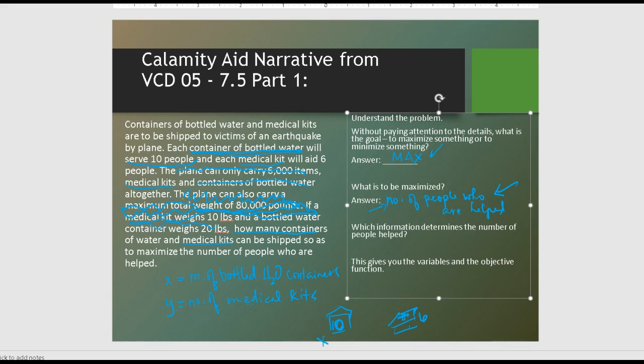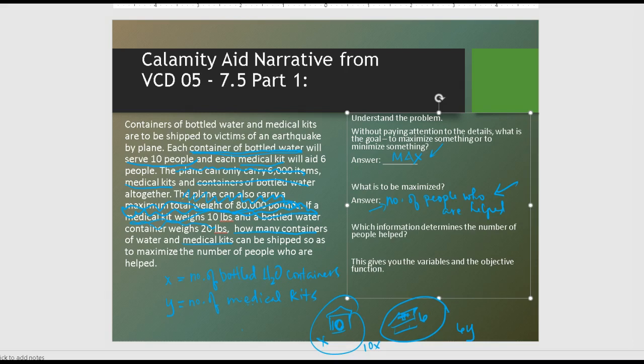So if there are X containers of bottled water, then 10X is going to be the total number of people helped by X water containers. And same thing for medical kits. If every kit will help 6 people, associate those 6 people with every kit. So if there are Y kits, a total of 6Y people will be helped.